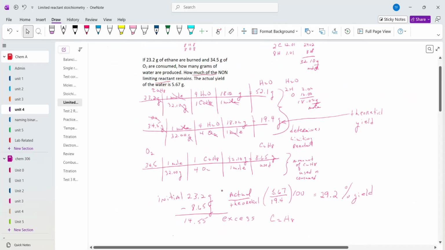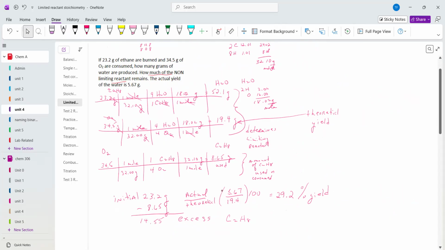So this is what your take-home problem is going to look like. If you have two givens, you have to do two calculations to determine the smallest yield. And the third calculation, you need to find out how much of the excess given you have left over.